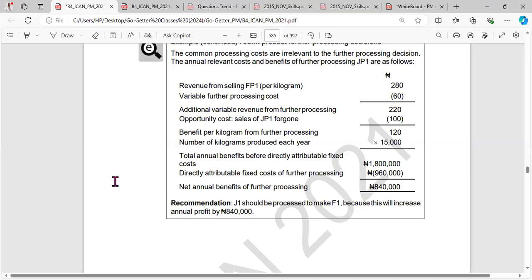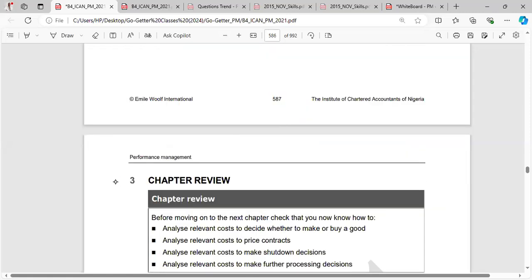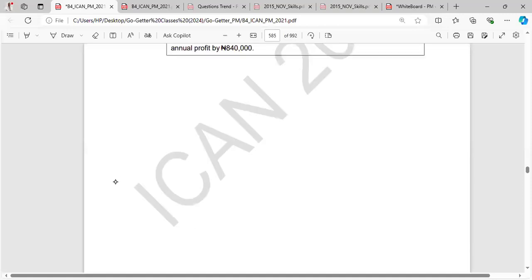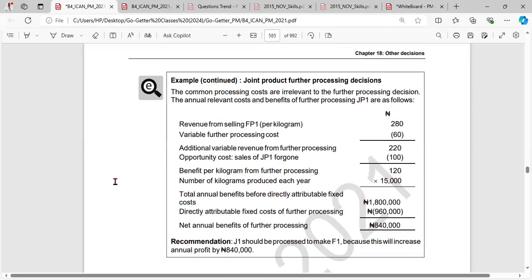So that's it for split off. So consideration here for splitting off is that if your products are split off after the common process has been made, you have a choice of either selling it off at the split off point, or you process further and make a higher profit.